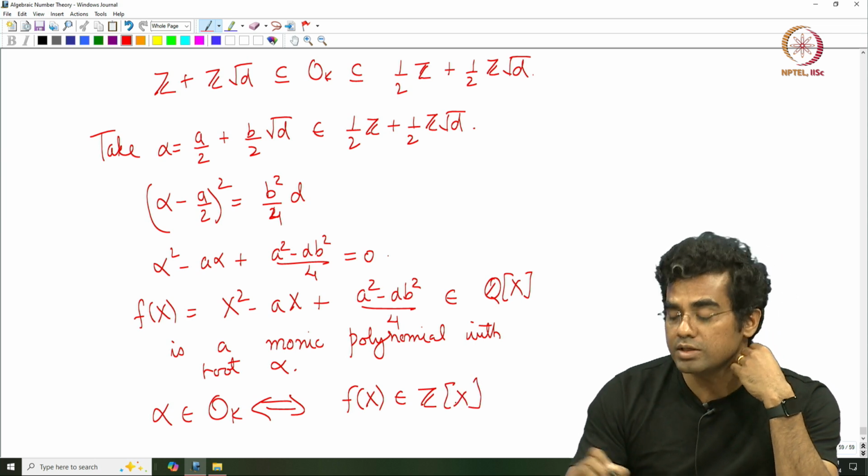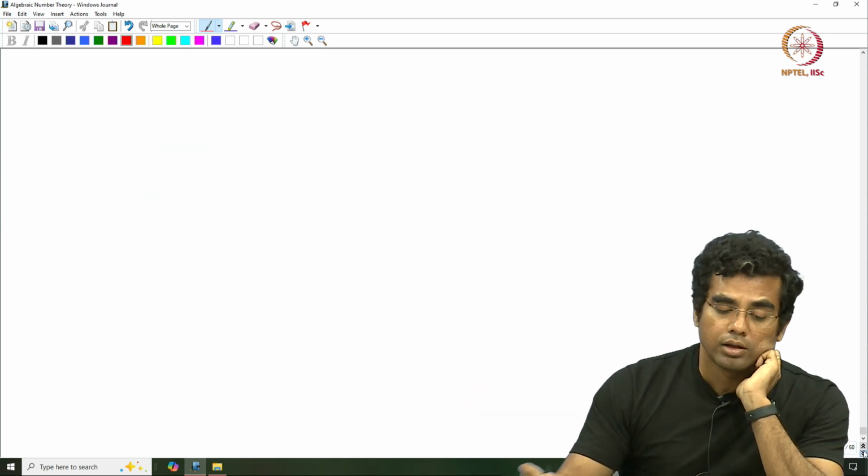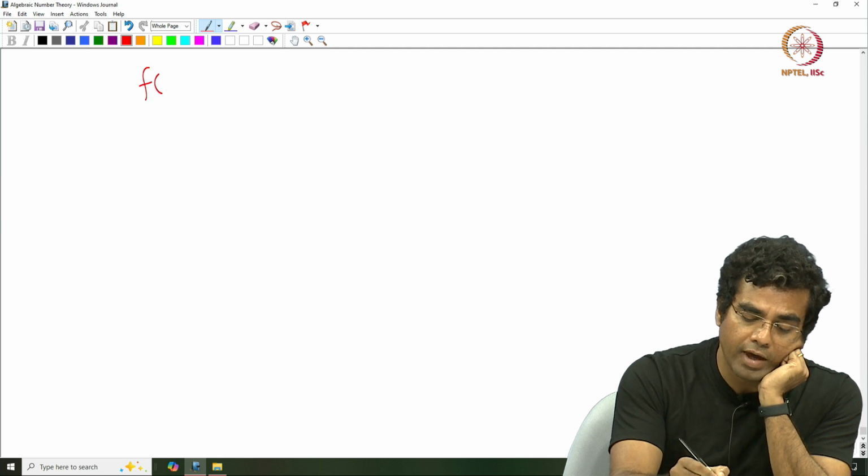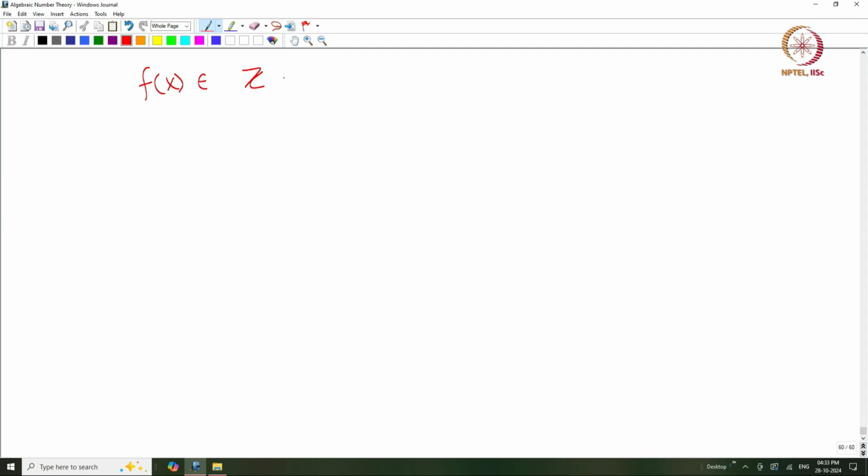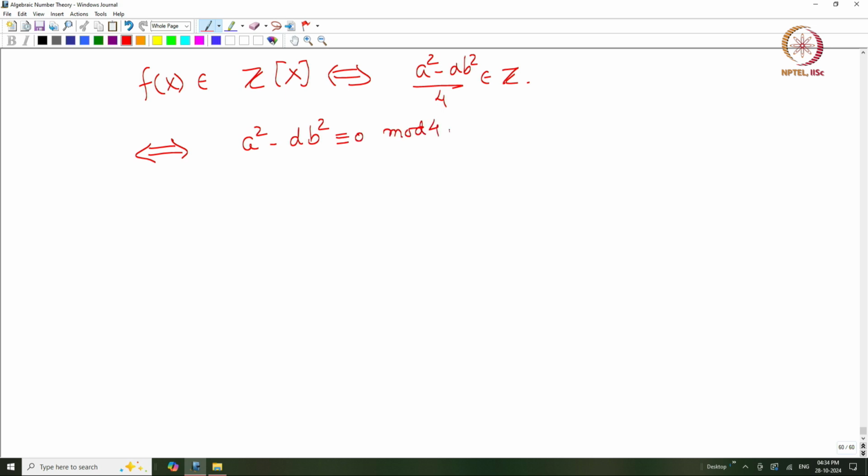This is one of the things that we proved earlier. Now, f of x is in Z[x] if and only if (a squared minus d b squared)/4 is in Z, which is if and only if a squared minus d b squared is congruent to 0 mod 4.